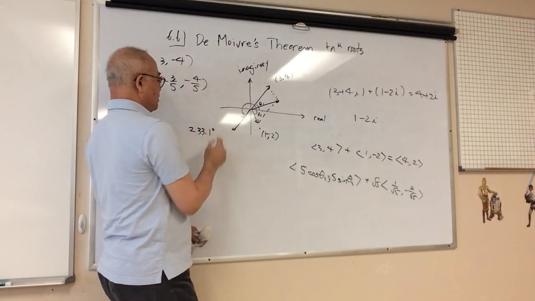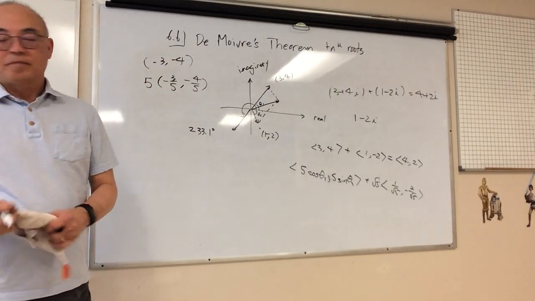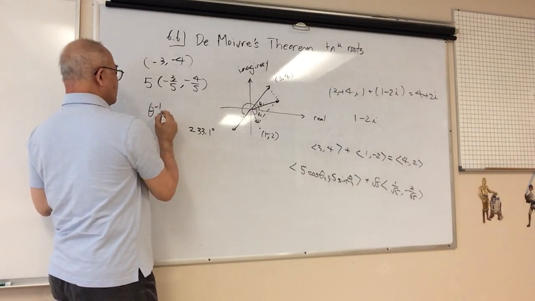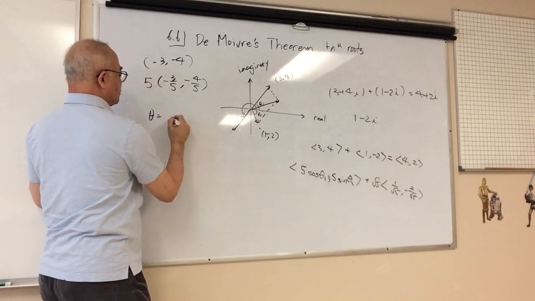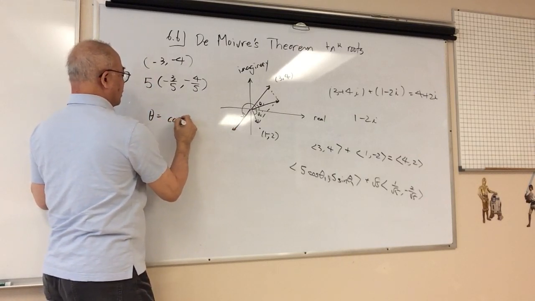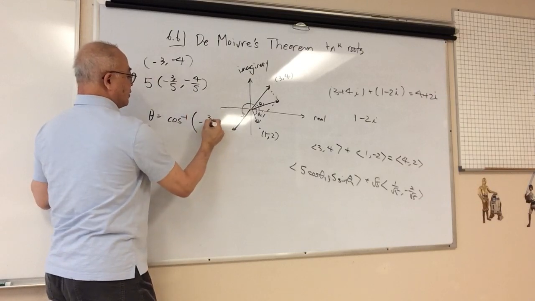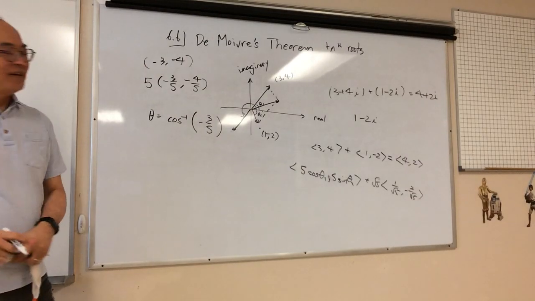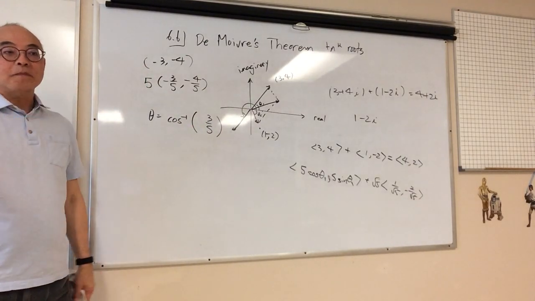233.1 degrees. How did you find that out? I did cosine inverse of 3 over 5 and then just added 180. So you did the arc cosine of 3 over 5. See what he's doing here?